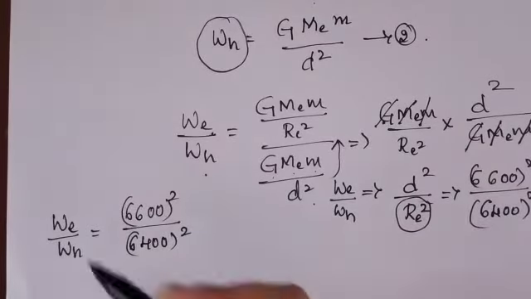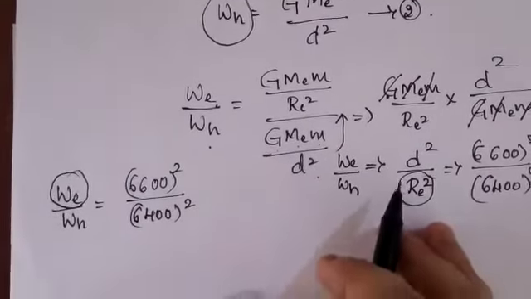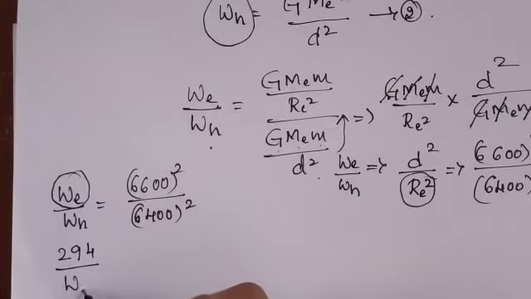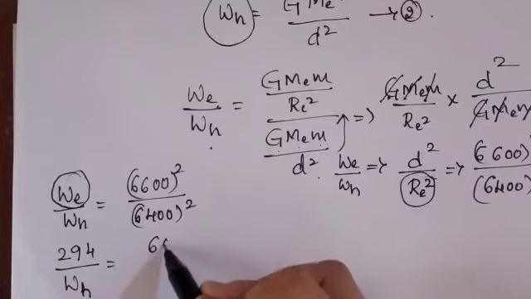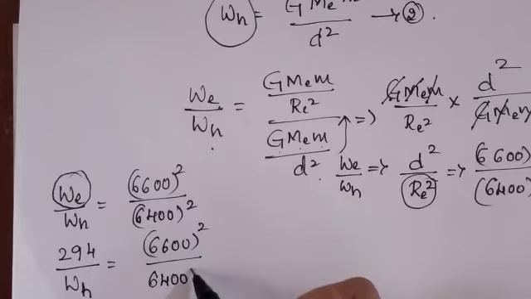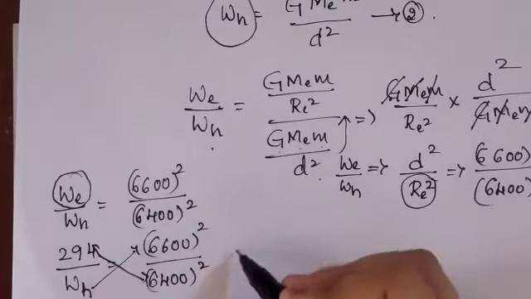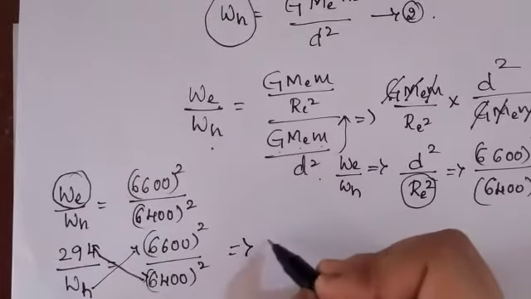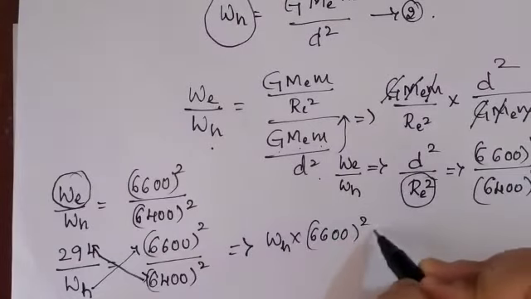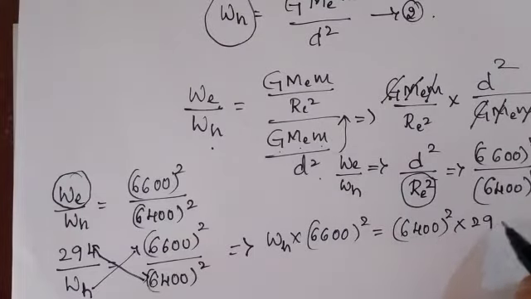Since the weight of an object on the surface of the earth is given, that is 294 Newton, let me substitute: 294 divided by the weight of the object at a certain height is equal to 6600 whole square divided by 6400 whole square. Now let me do the cross multiplication. So WH into 6600 whole square is equal to 6400 whole square into 294.